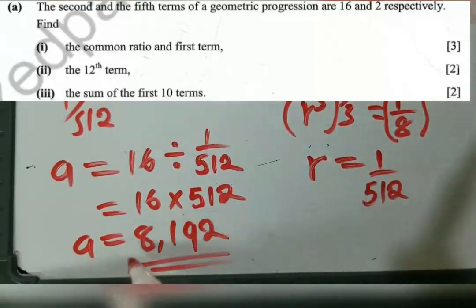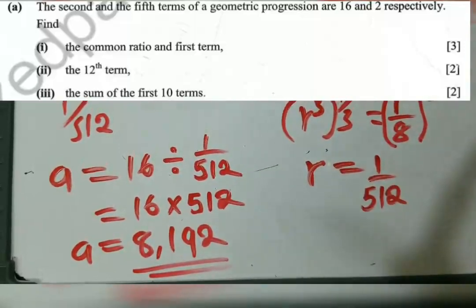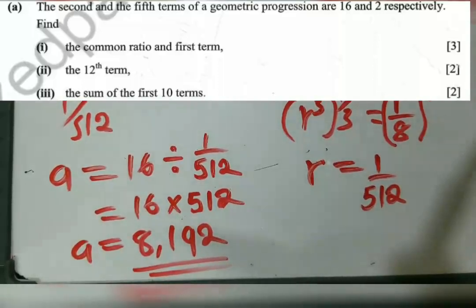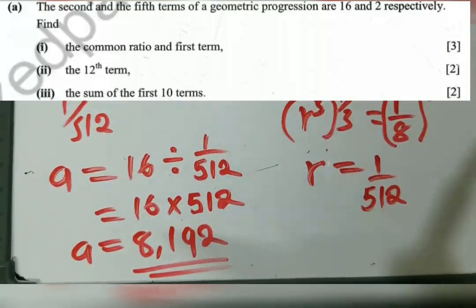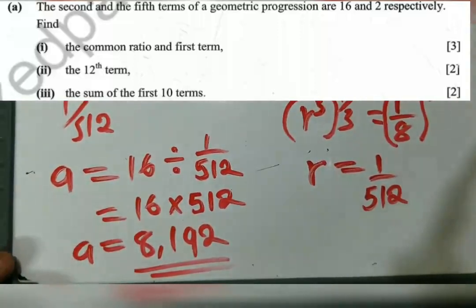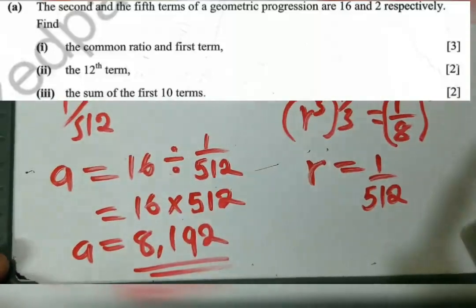So A, the first term, is this one, and the common ratio is that one. So this is how you find the first term and the common ratio. You can even use the other formulas to find the 12th term and the sum of the nth terms.